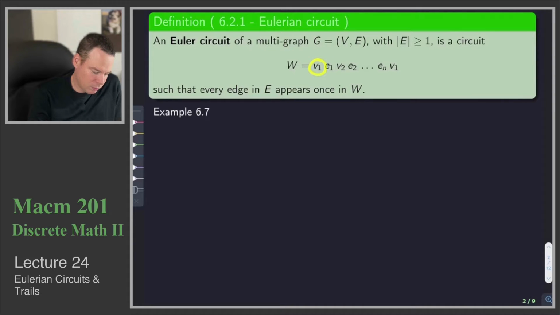Notice we're starting at vertex V1, we're ending at vertex V1. So that's why it's a circuit. We're starting where we end.